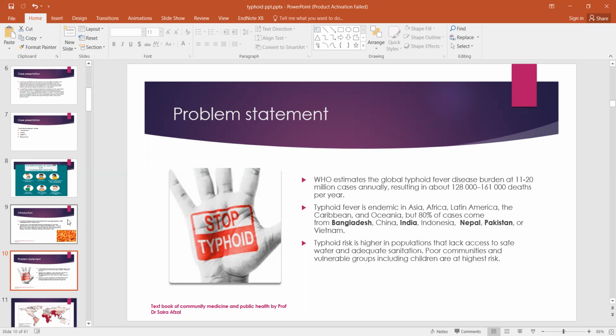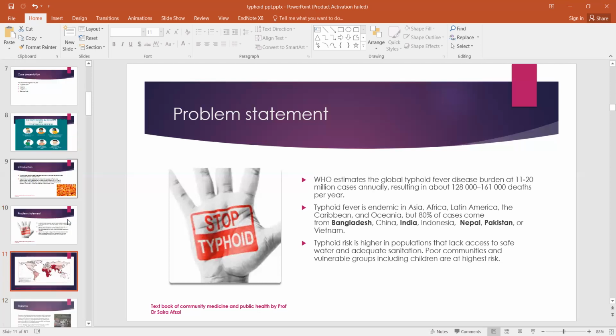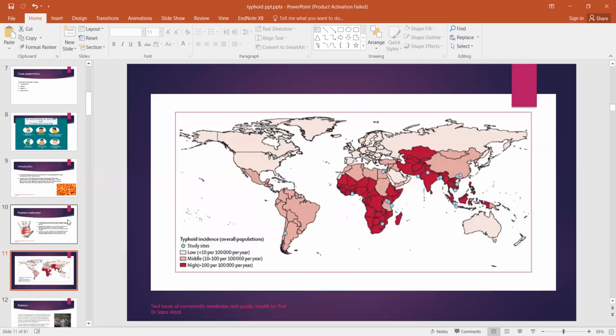Typhoid risk is higher in populations that lack access to safe water and adequate sanitation. Poor communities and vulnerable groups, including children, are at highest risk. This is the global picture of typhoid fever; the countries with higher prevalence are highlighted in red.